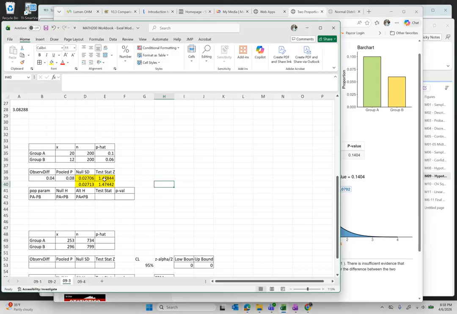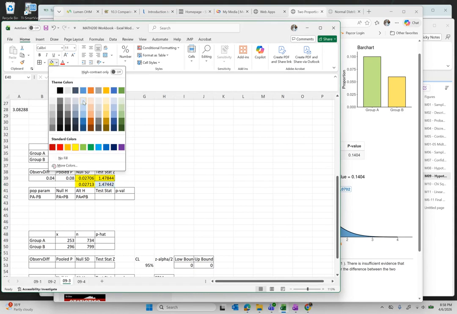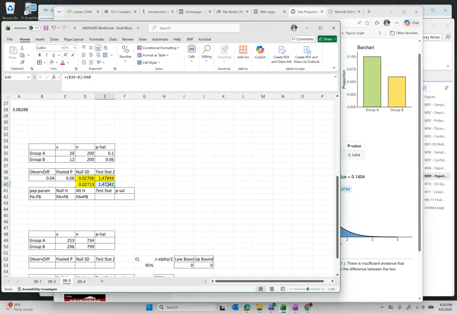So if you pay attention here, actually ArtofStat is using this value, which means that they are using the standard error calculated with the pooled proportion. So in ArtofStat, the standard error and test statistic are calculated with the pooled proportion.